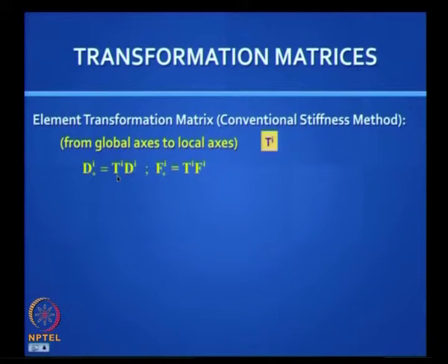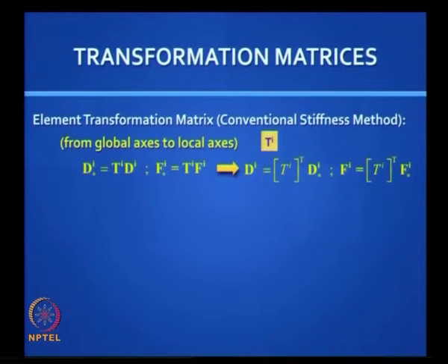Ti is called the transformation matrix, the element transformation matrix, and the same Ti holds good not only for displacements but also for forces. This is the conventional stiffness method, and the interesting thing about the transformation matrix is that it is an orthogonal matrix which has this beautiful property of the inverse being equal to the transpose.